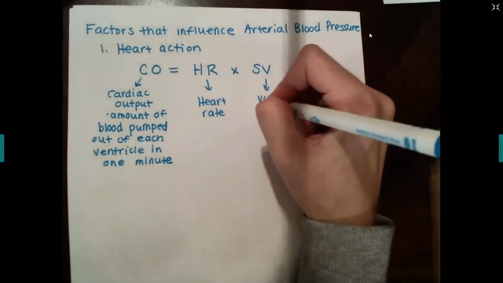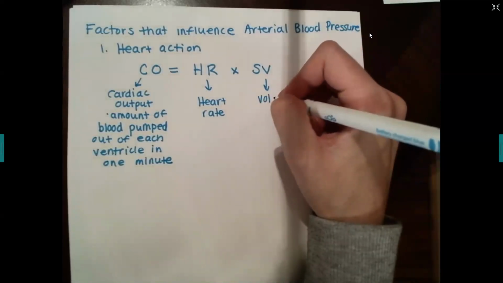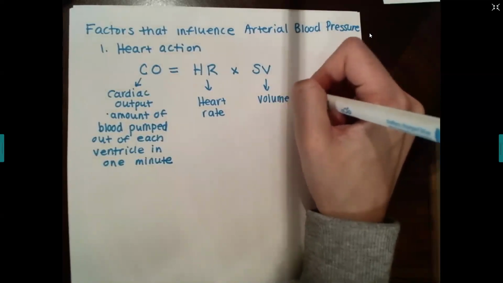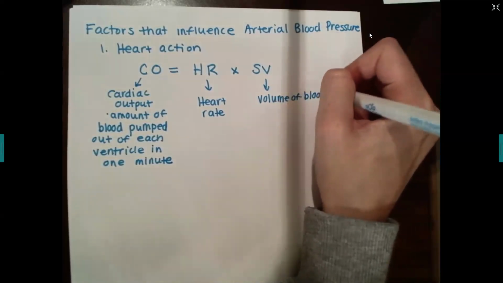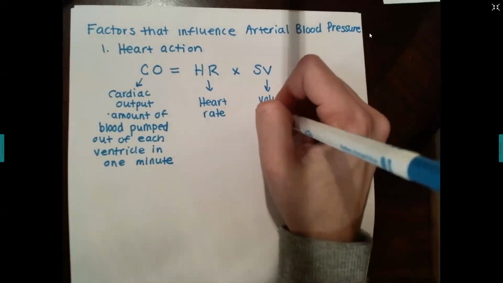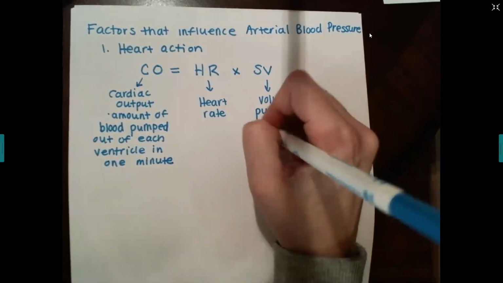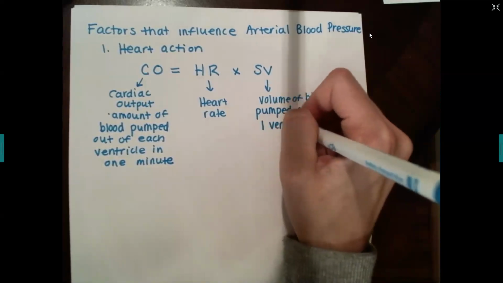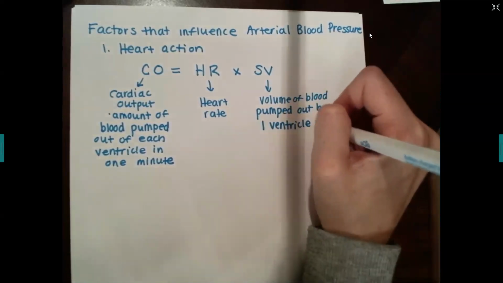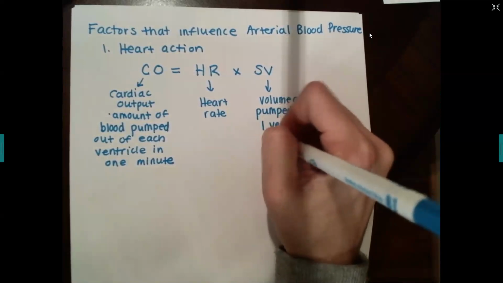Third one is stroke volume. And the stroke volume is the volume of blood pumped out by one ventricle each beat.